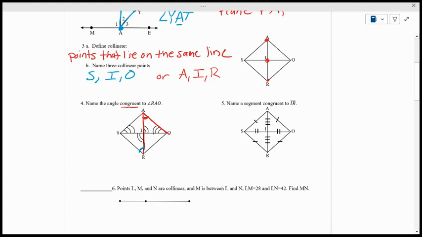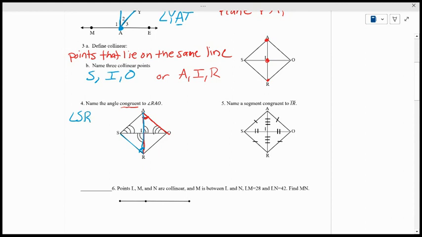If I trace that angle, S, R, and then you can pick 2 points.